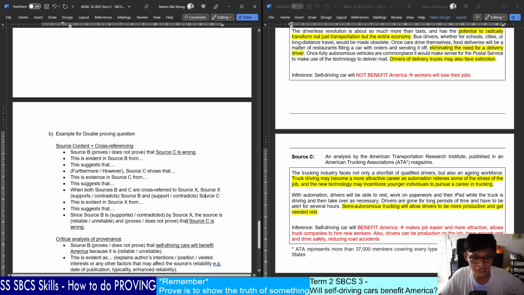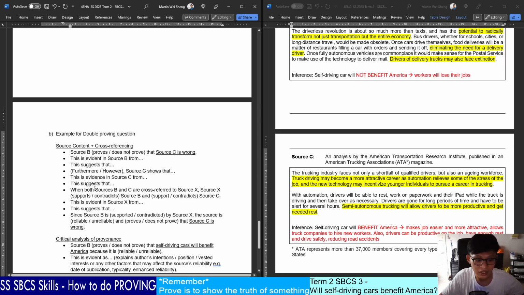In this case, because it says source C is wrong, you'll say reliable and does not prove that source C is wrong. However, if the statement says that source C is right, then you will say that since sources B and C are supported by source X, the source is reliable and proves that source C is right. So this last sentence, you really have to change accordingly to what the claim is.